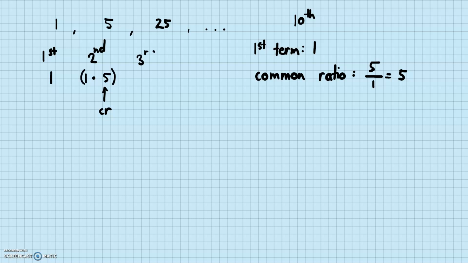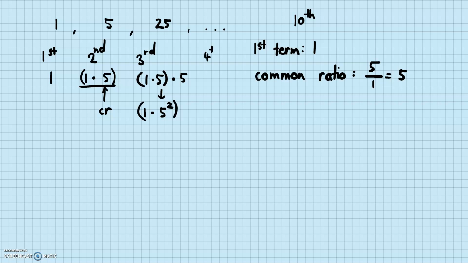The third term would then be the second term times the common ratio. This whole thing is the second term, and you're multiplying that by the common ratio, which is 5. Another way to write this is 1 times 5 squared. Okay, so now this is the third term.